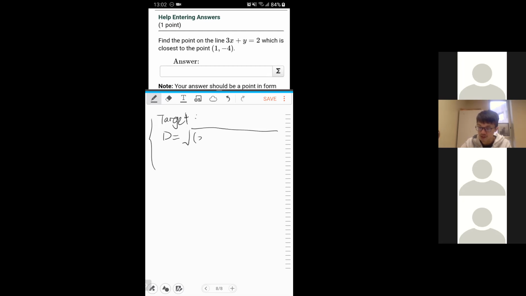So it should be x minus the x coordinate, which is 1, squared, plus y minus the y coordinate of the other point, which is negative 4, squared. Questions?